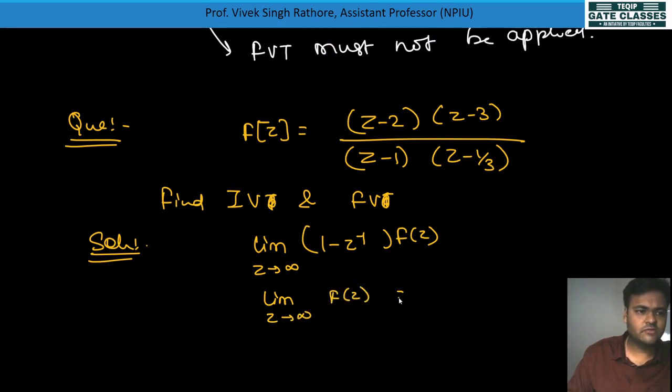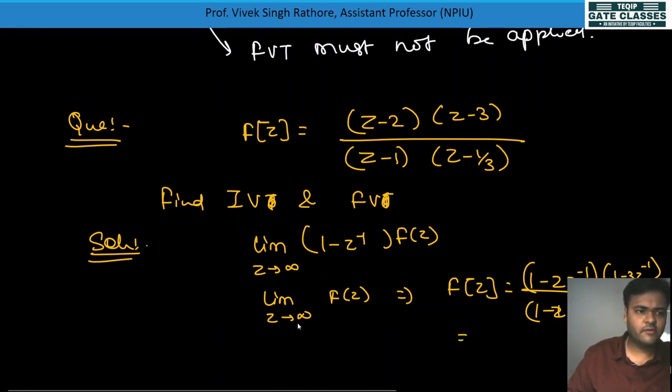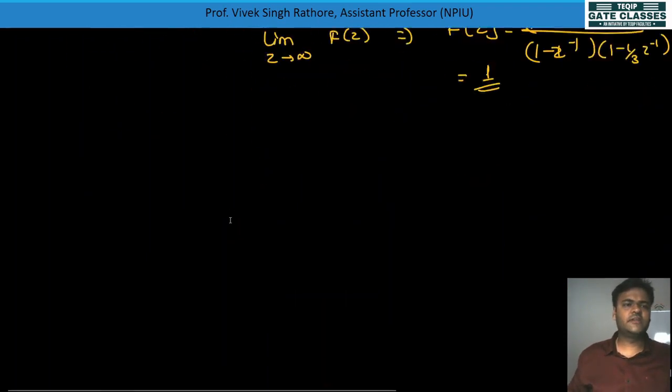F of z can also be written as 1 minus 2 z inverse, 1 minus 3 z inverse, 1 minus z inverse, and 1 minus 1 by 3 z inverse. Whenever you put z tending to infinity, all the z inverse terms will be 0, so ultimately the value will come 1. So the initial value of this F of z is 1.